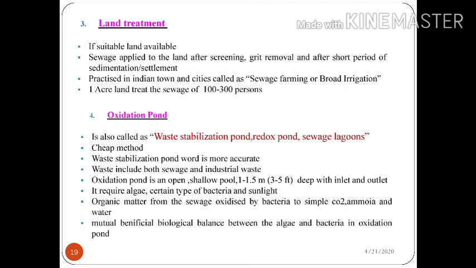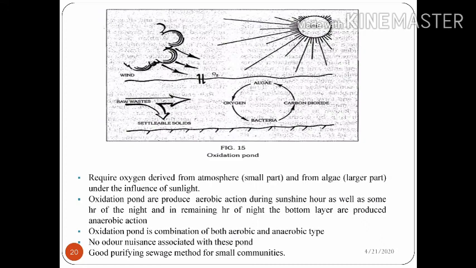To qualify as an oxidation pond, there must be presence of algae, certain types of bacteria which feed on decaying organic matter, and third one is sunlight. The organic matter contained in sewage is oxidized by bacteria to simple chemical compounds such as carbon dioxide, ammonia and water. Next slide.